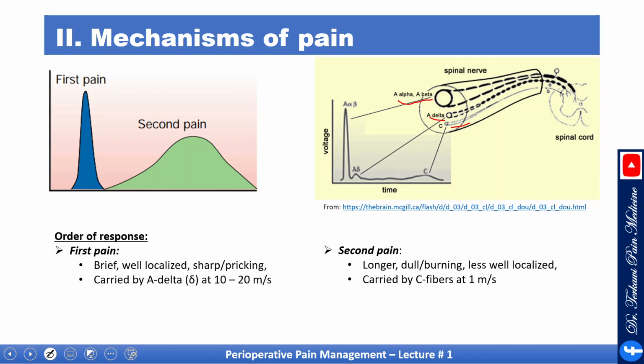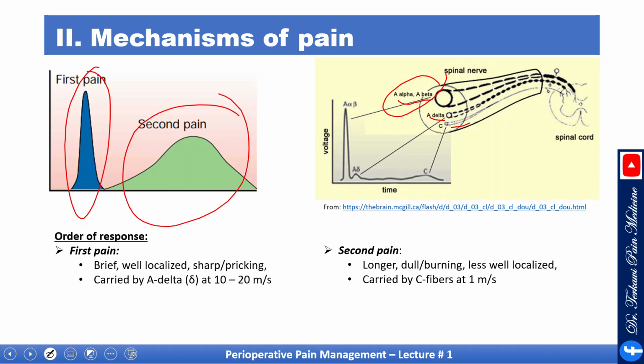So the pain, usually we have the first pain, the second pain. The first pain here, usually it is brief, well localized, sharp, and carried by the A delta. The second pain, usually longer, right? Dull, burning, less well localized, and carried by the C fibers.